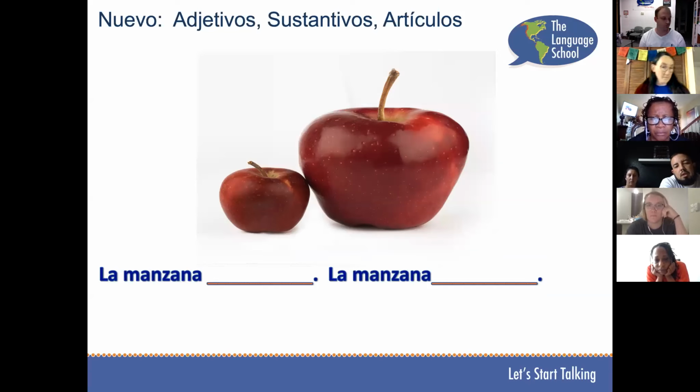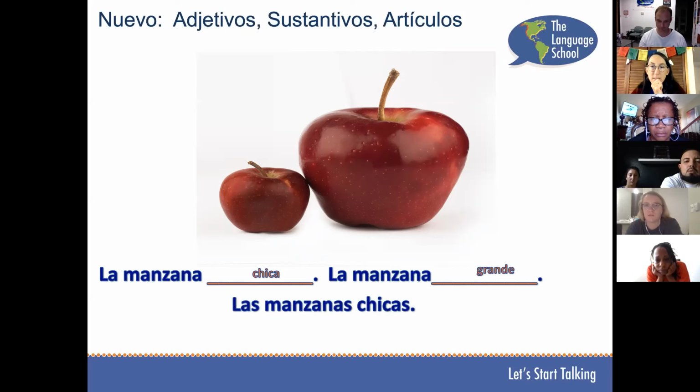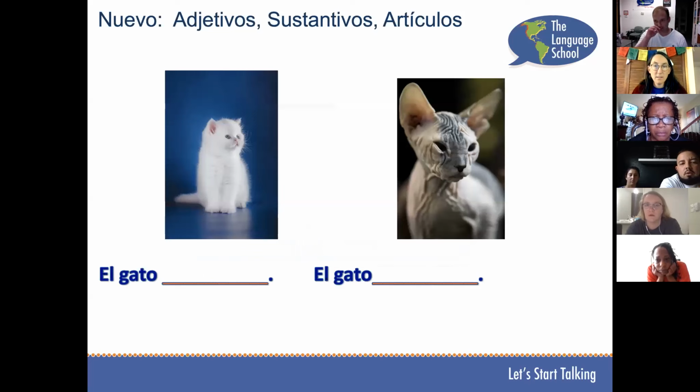La manzana chica. Good, nice catch. La manzana grande. And then las manzanas chicas. Las manzanas grandes. Good.